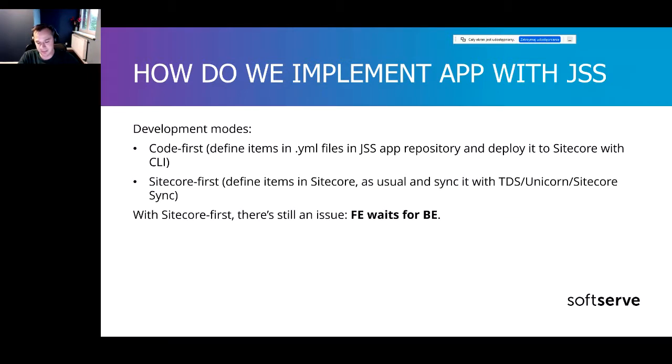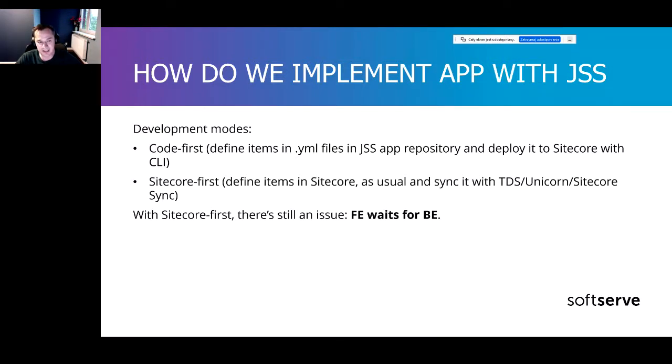If you have a bigger website, it will always be faster just to click inside Sitecore to define the templates, to define the renderings, and sync them with TDS, Unicorn or Sitecore synchronization.